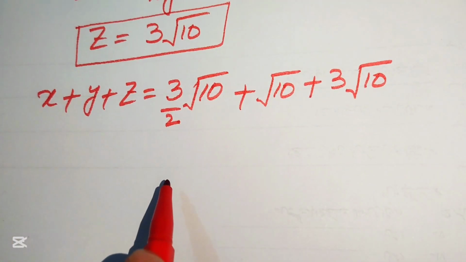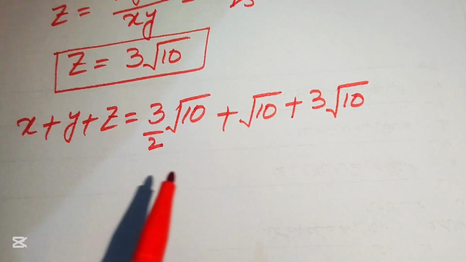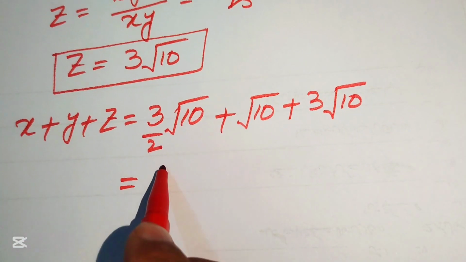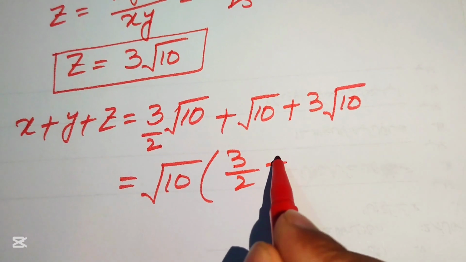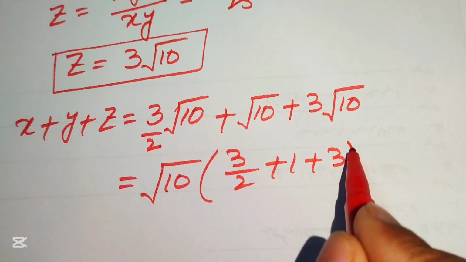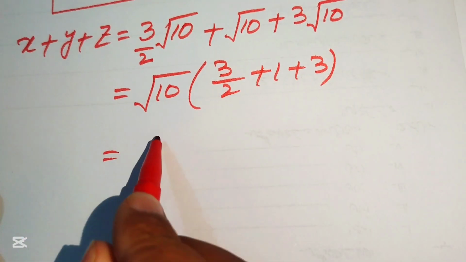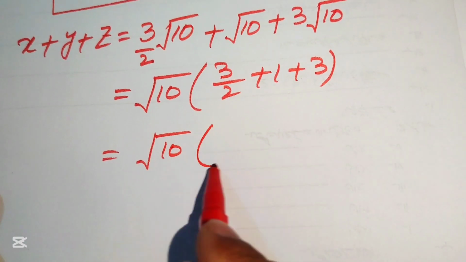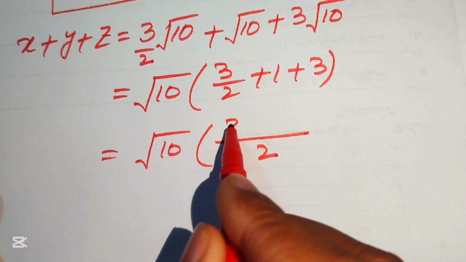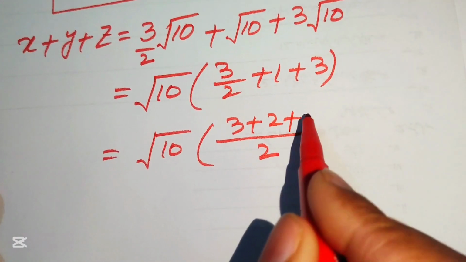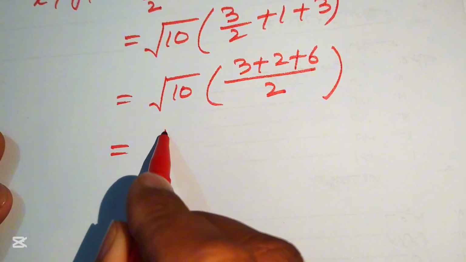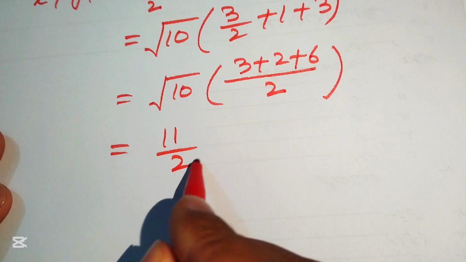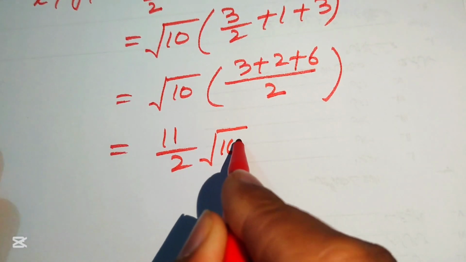So here we need to take common square root of 10, and the remaining terms are 3 over 2 plus 1 plus 3, and here we need to take the LCM of this term. When you take the LCM, it becomes 3 plus 2 plus 6, and 6 plus 2 is 8, 8 plus 3 becomes 11. So finally we have 11 over 2 times square root of 10.